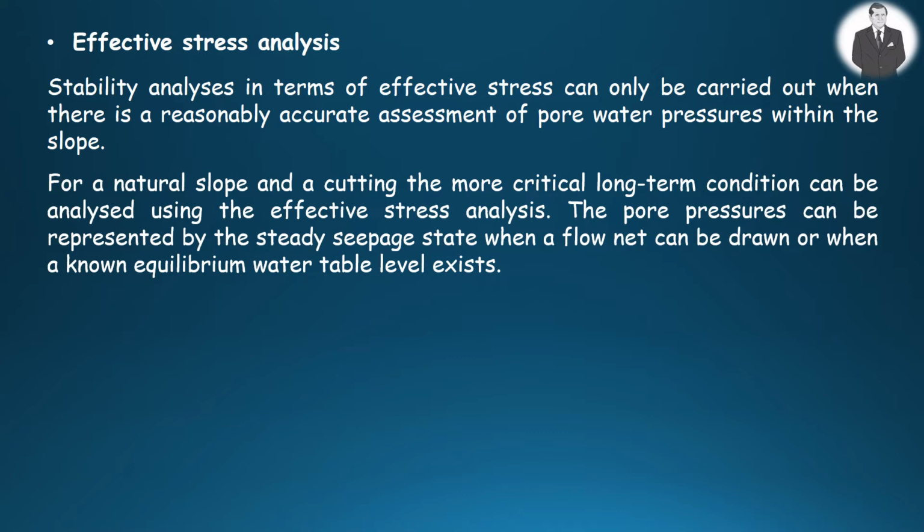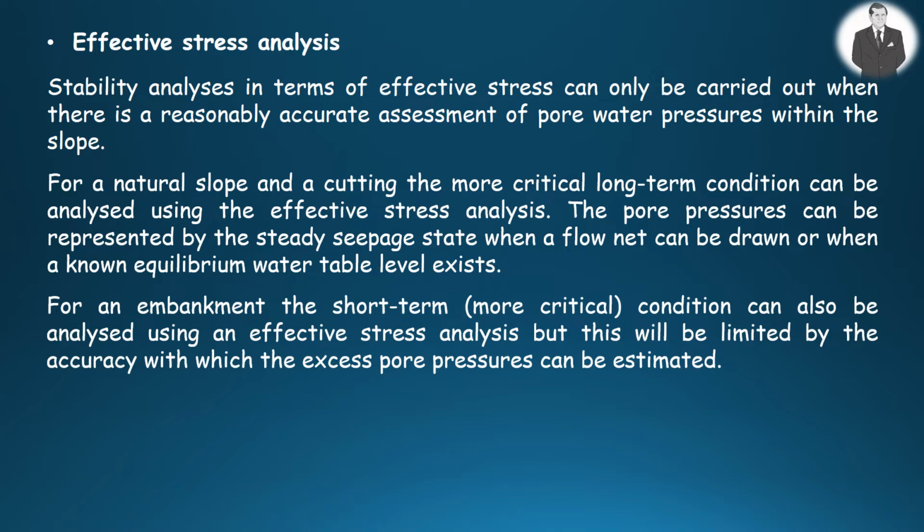The pore pressures can be represented by the steady seepage state when a flow net construction can be made, or when a non-equilibrium water table level is present. For an embankment, the short-term condition, which is the critical condition, can also be analyzed using an effective stress analysis, but this will be limited by the accuracy with which the excess pore pressures can be estimated.